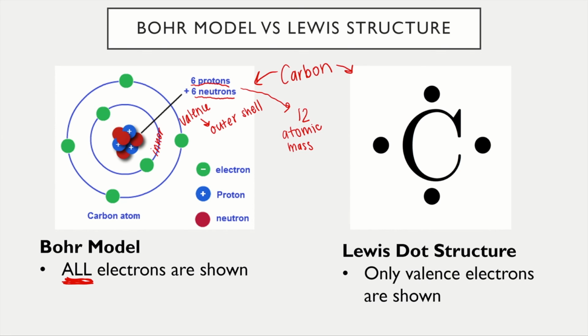So when we look at our Lewis dot structure over here, we can see that only the valence electrons are shown. So only the electrons in the outermost shell are shown. So if we look back at the Bohr model, we can see we have 4 electrons in the outer shell. So those are the 4 electrons being shown in the Lewis dot structure.